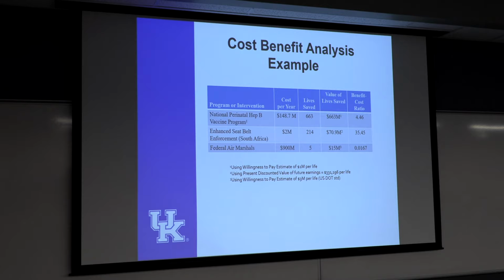But we actually use a slightly more nuanced approach to thinking about this. What we say is, if you could have some intervention that would reduce your likelihood of death by 0.01, how much would you be willing to pay for that? And that is actually kind of what policymakers do.